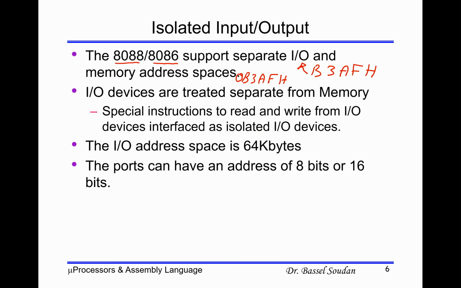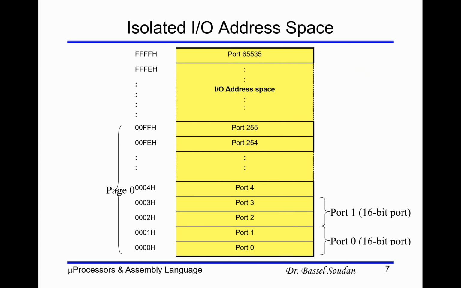Now this picture is simply showing if I were storing the ports into a memory. That means if I have 1 byte width of memory, the ports will be stored here. Each 16-bit port will indicate some port number. So port 0 will consume 2 addresses, or 2 memory locations.